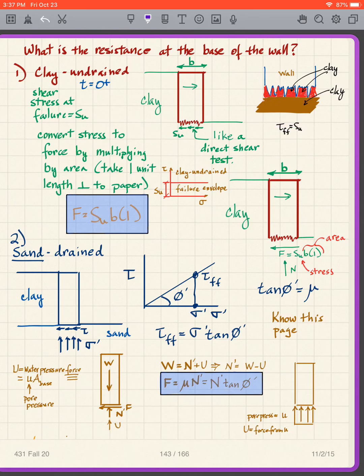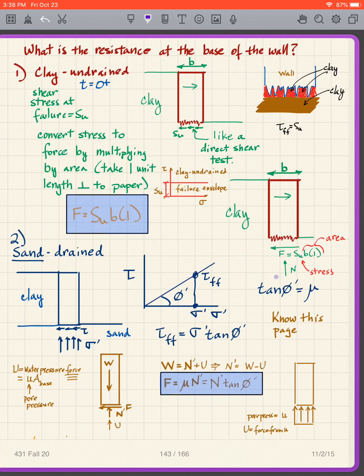Well, again, when I do my free body diagram, I'm going to have a normal and a shear when I make my cut underneath my wall. The normal will be a sigma prime, and the shear will be a tau. It'll come from our failure envelope here, where this is sigma prime and that is my tau FF. And what do I know? I know that tau FF is sigma prime tangent phi prime, which we've done already.